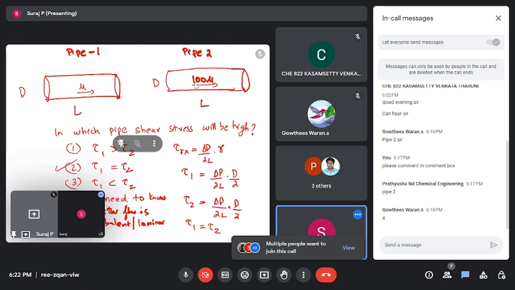So we can assume that the flow is laminar in this case. So finally, we got the answer as the shear stress in both the pipes is the same. It is independent of viscosity. So we can move to the next question.